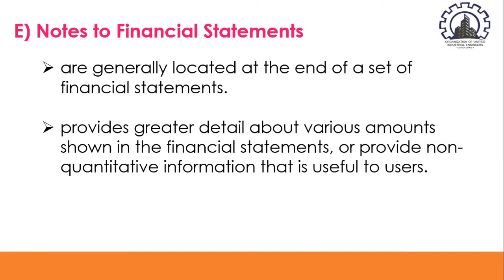They provide greater detail about various amounts shown in the financial statements, or provide non-quantitative information that is useful to the user. For example, a note may indicate the estimated useful lives of long-lived assets or loan payment terms. Okay, so those are just some of the many examples of notes to financial statements.